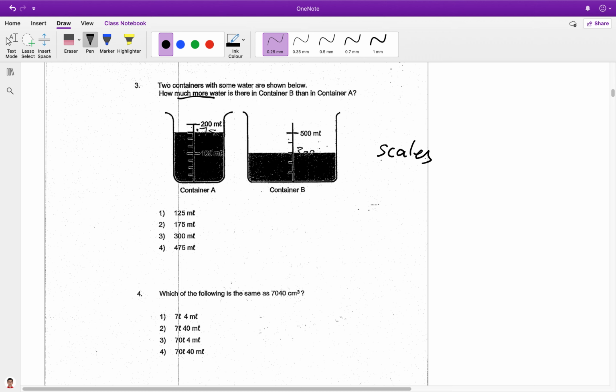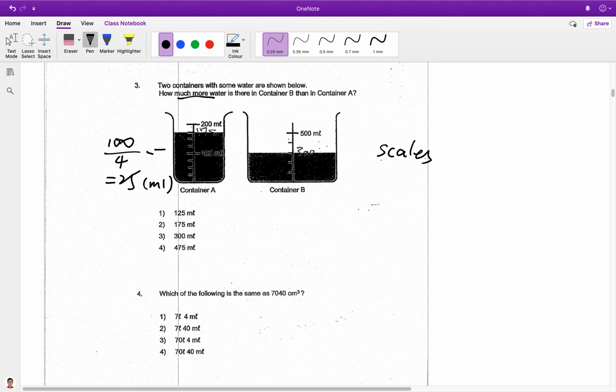Here we see 100 ml, 200 ml. There are 1, 2, 3, 4 divisions, so a single one is 100 divided by 4, which is 25 ml. So this one is 100, then the third one is 175.